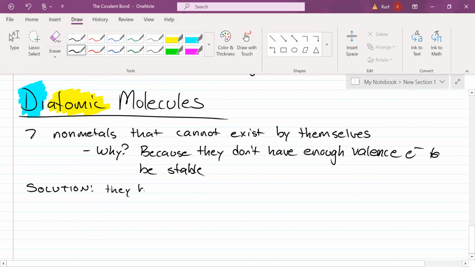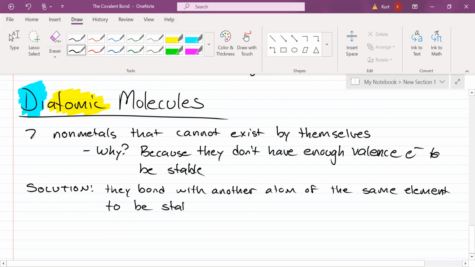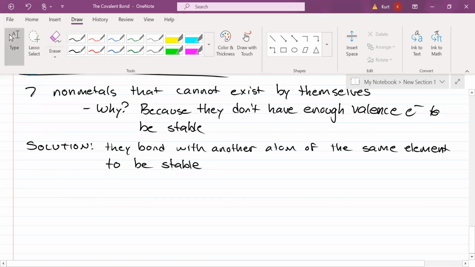They bond with another atom of the same element to be stable. And these are called the diatomic molecules. And there are 7 of them.